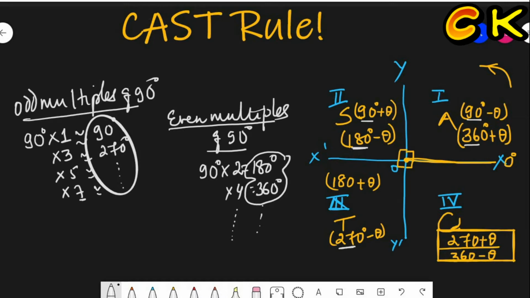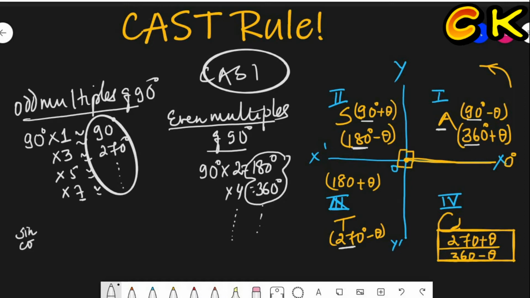Now let's learn the meaning of the symbols in CAST. A stands for all positive. So anything that lies in the first quadrant, everything will be positive. Here everything means the trigonometric ratios. Can you say how many trigonometric ratios there are?